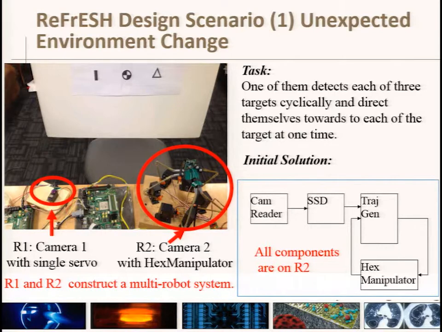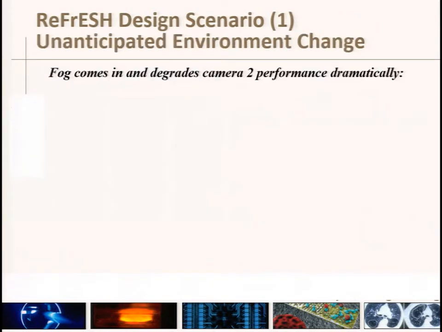Initially, all time-based and port-based object components are running on robot 2. But let's suppose a fault comes in and degrades camera 2's performance dramatically. In order to accomplish the task successfully, the system should generate a new task solution and self-adapt.